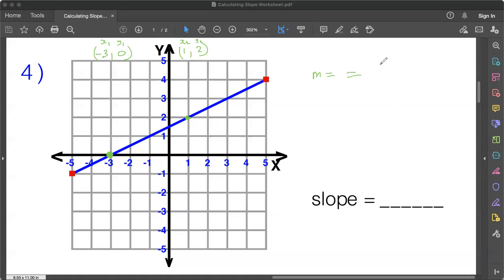What number will go first? 2 minus 0 over 1 minus -3. And what will I get as a result? 2 over 4, which is the same 1 over 2 that we had before, right? Freaky, but it makes sense.